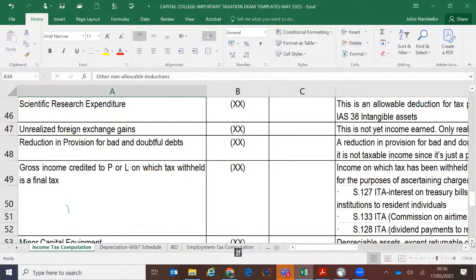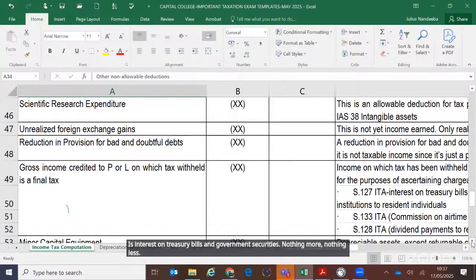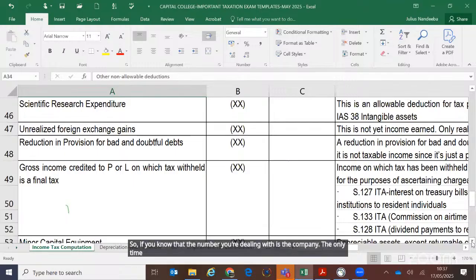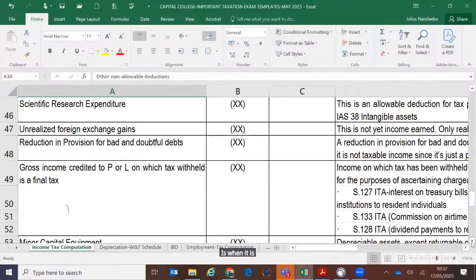If you're dealing with a company, the only income that has suffered withholding tax as a final tax is interest on treasury bills and government securities. Nothing more, nothing less. So if you know that you're dealing with a company, the only time you're going to bring income of that nature is when it is interest on treasury bills and government securities.